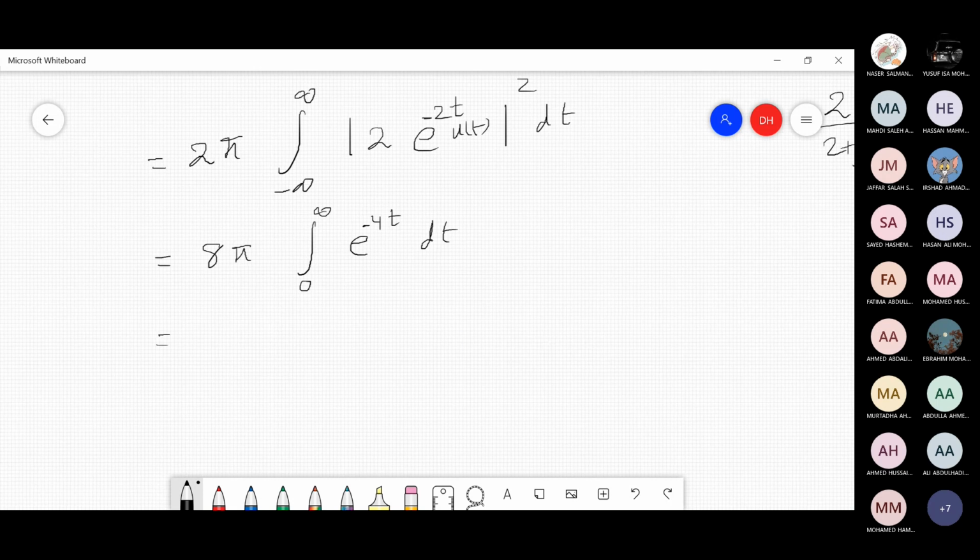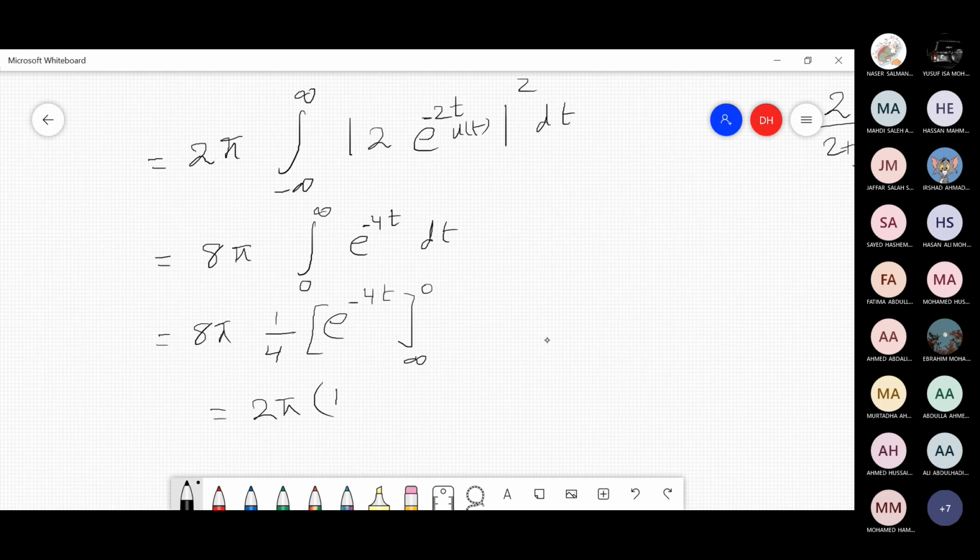Now it is 8 pi e to the power of minus 4t divided by 4 from infinity, because we have a minus, to 0. So then it is 2 pi. At 0, this is equal to 1.